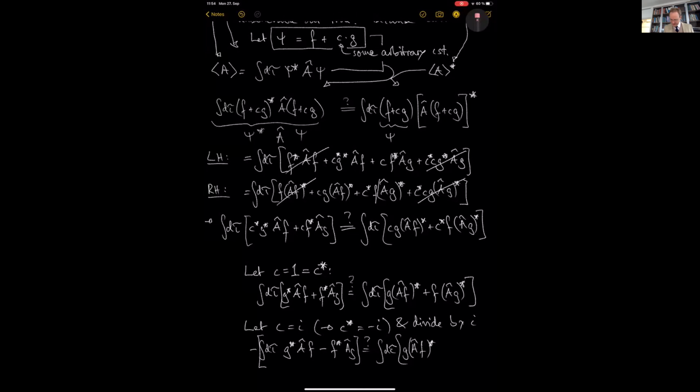But you had a C plus in the second term on the right-hand side, and that, of course, means there's a minus i divided by i, which is minus 1. And so I get this change in sign.